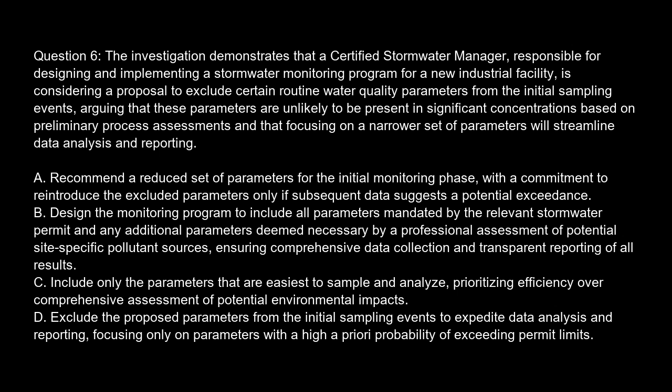Option C. Include only the parameters that are easiest to sample and analyze, prioritizing efficiency over comprehensive assessment of potential environmental impacts. Option D. Exclude the proposed parameters from the initial sampling events to expedite data analysis and reporting, focusing only on parameters with a high a priori probability of exceeding permit limits.